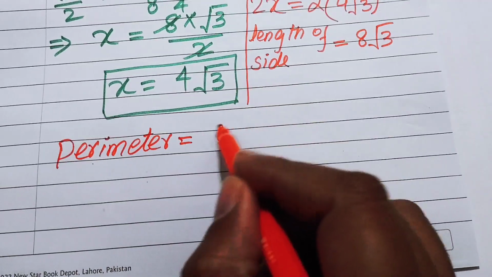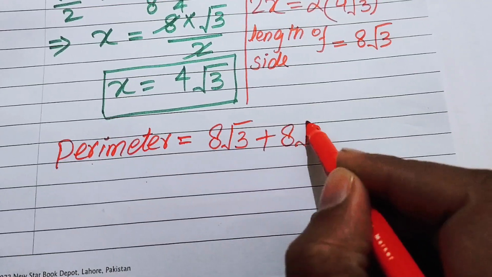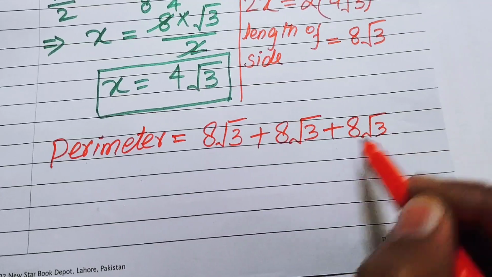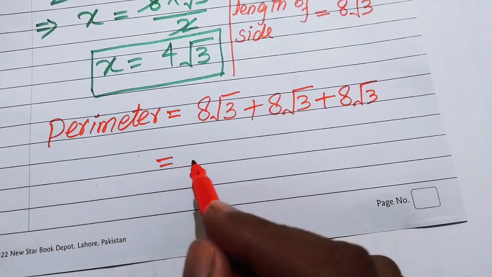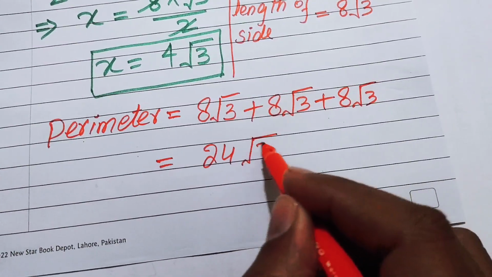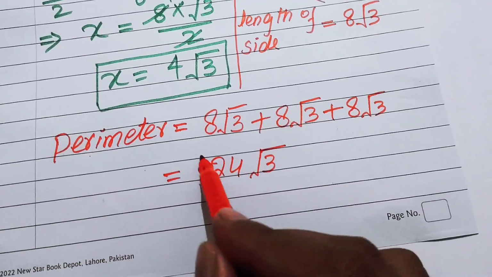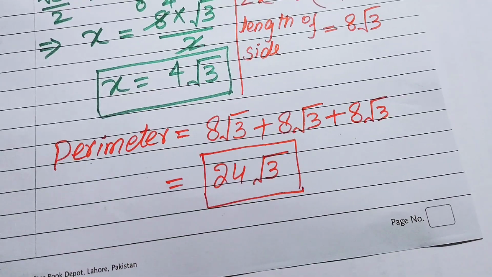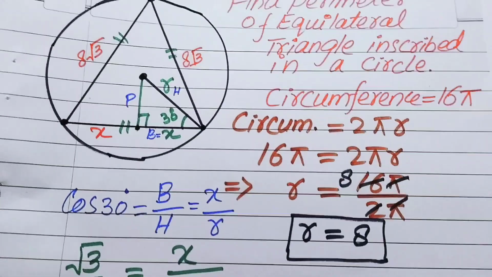So the perimeter becomes 8 square root 3 plus 8 square root 3 plus 8 square root 3. We add the three terms and get 24 times square root of 3. So this is the perimeter of the given equilateral triangle inscribed in a circle.